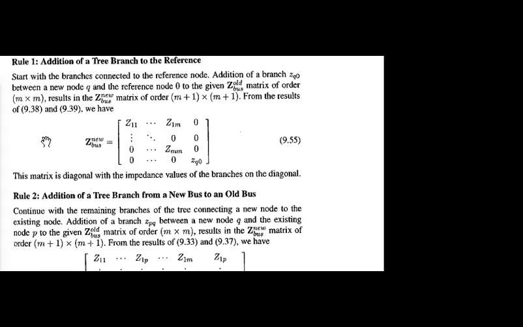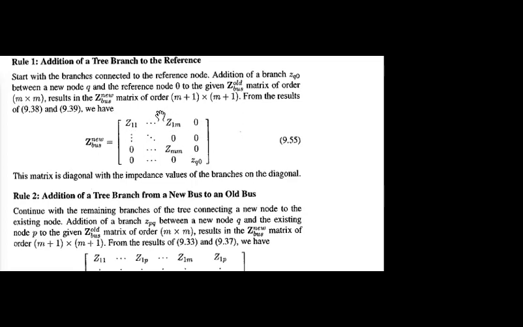Sir, can you repeat the difference between this capital and small z? I did not get it. Okay. Small z is the impedance value, regular impedance value between different nodes, and capital Z is the matrix element. This is not the impedance value direct. Like this bus, for example, this position, right?